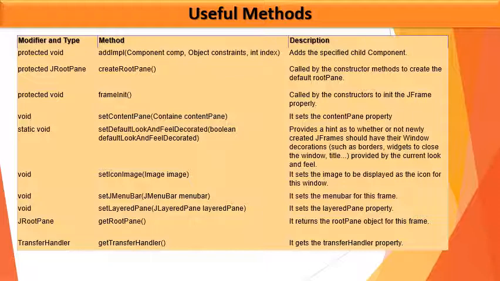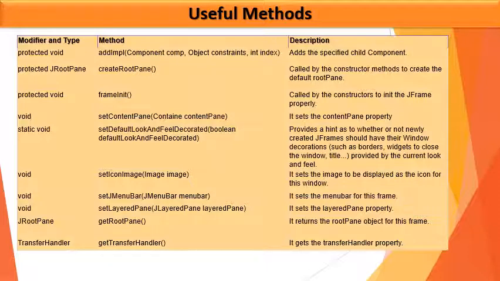The next method is setIconImage. So this will set the image to be displayed as the icon for this window. This is also an important method. The next method is setJMenuBar. This will set the menu bar for this frame. The next method is setLayeredPane.